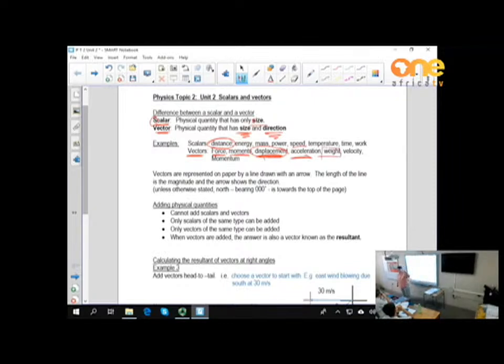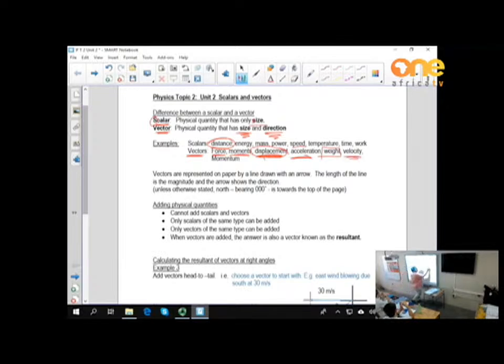Weight goes vertically down. If I'm hanging in a tree, where does my weight go? Vertically down. If I'm lying on a roof that's got a gradient, where does my weight go? Vertically down. All right. Weight always goes vertically down. So weight has got a direction. All right. So weight is a vector.